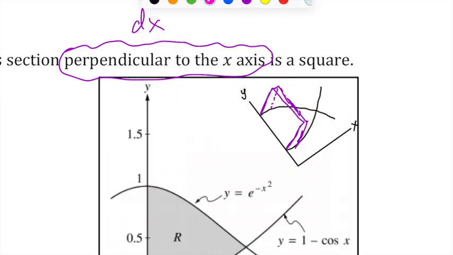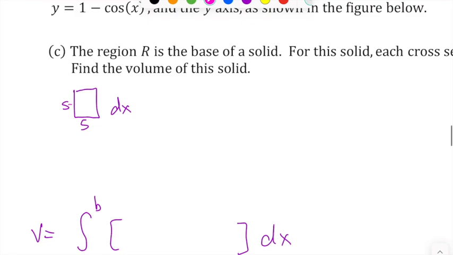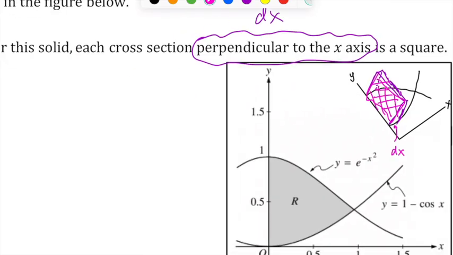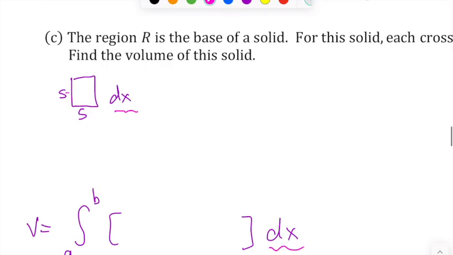Now, I will say that this width is what we call dx, and so that's where this comes from. That's this part. And then all we need to find is the area of the face, which in our case is going to be side squared dx.